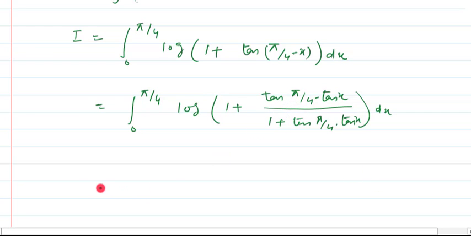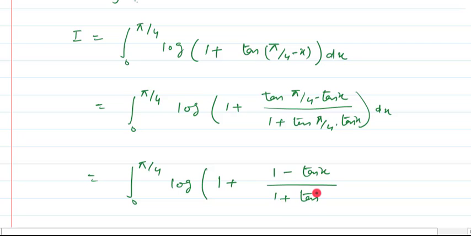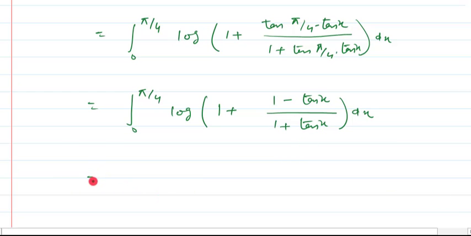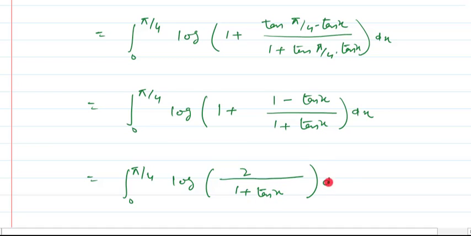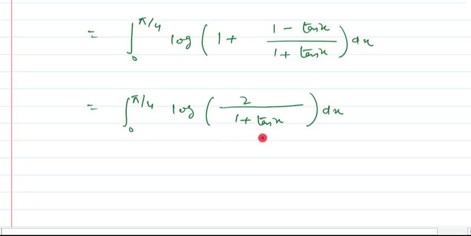So we are left with 0 to pi by 4 log 1 plus 1 minus tan x upon 1 plus tan x dx. Now taking LCM, after taking LCM, you are left with log 1 plus tan x plus 1 minus tan x. tan x gets cancelled. So in the numerator we are left only with 2, and in the denominator we are having 1 plus tan x dx. Now what can we do?